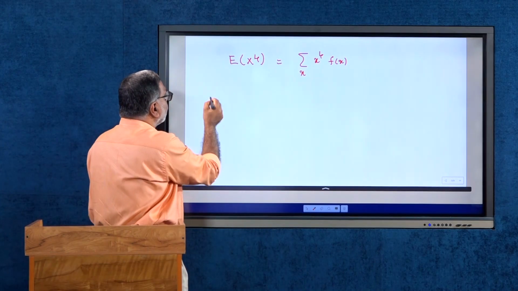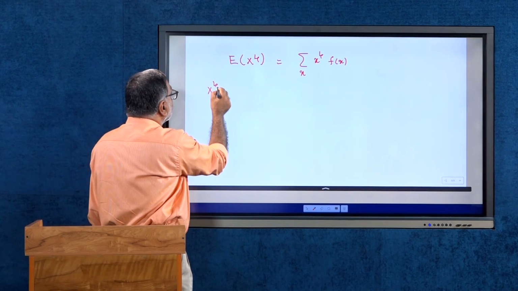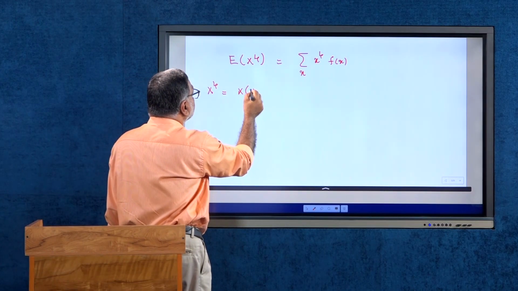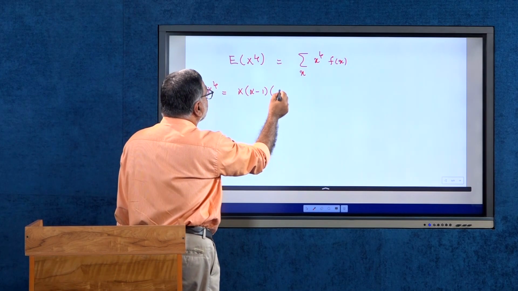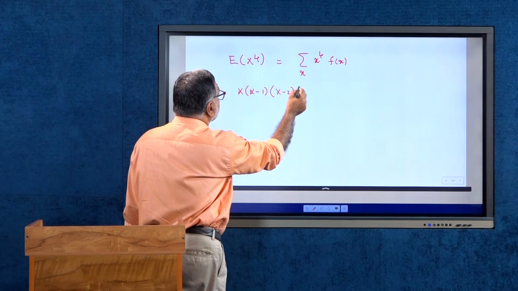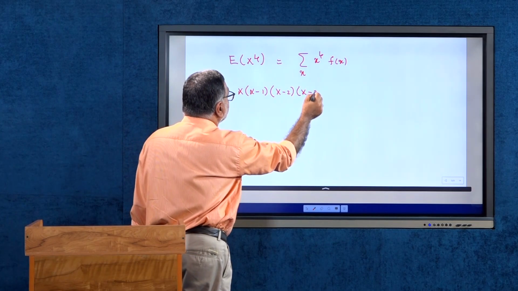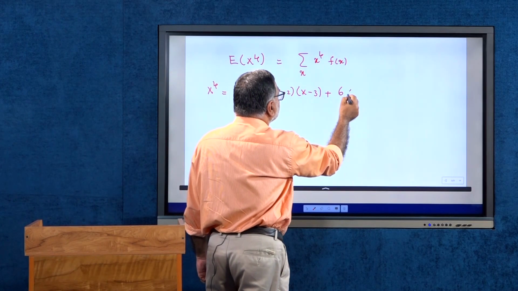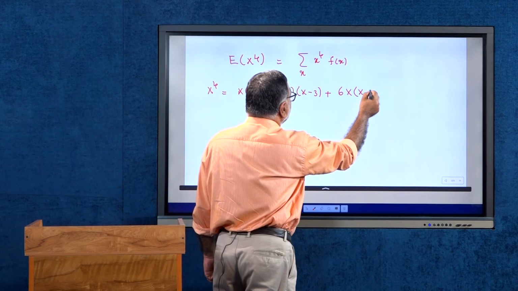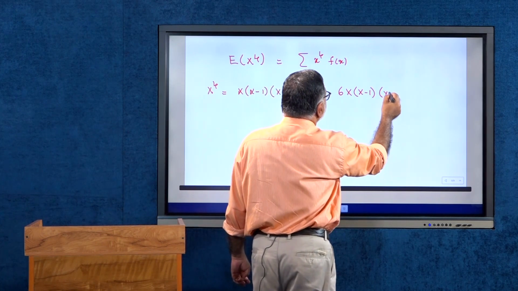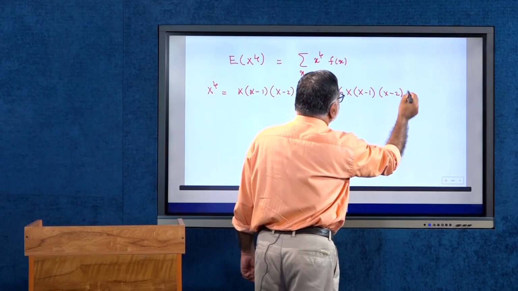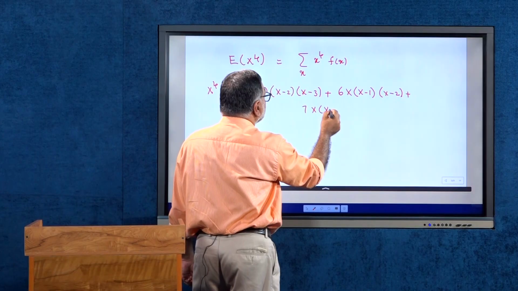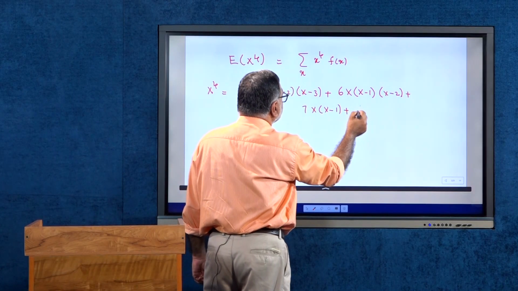Remember, this x power 4 can be written as x into x minus 1 into x minus 2 into x minus 3 plus 6x into x minus 1 into x minus 2 plus 7x into x minus 1 plus x.